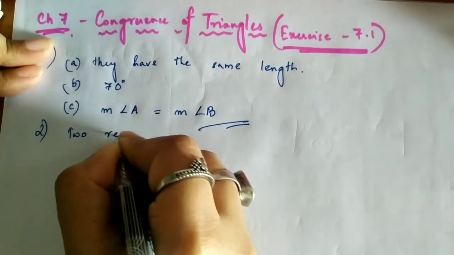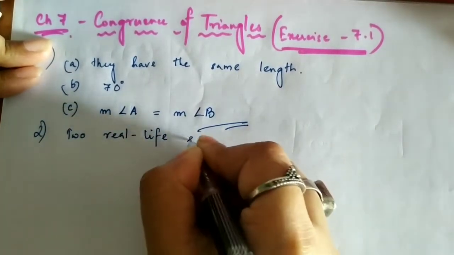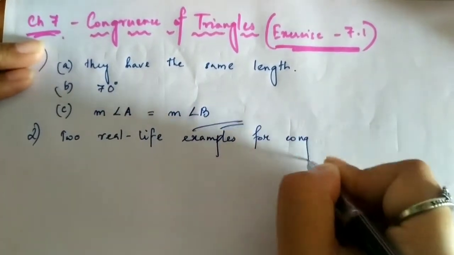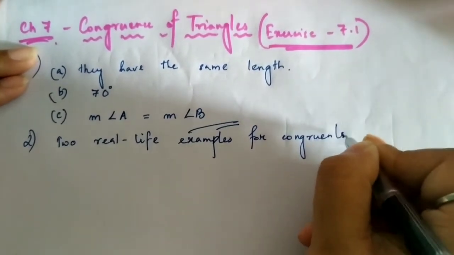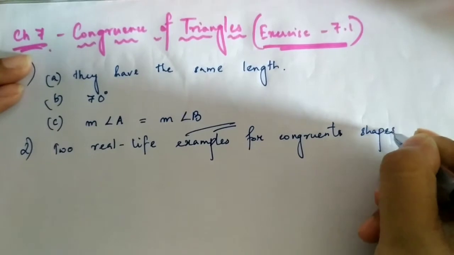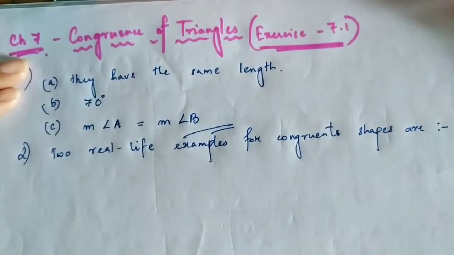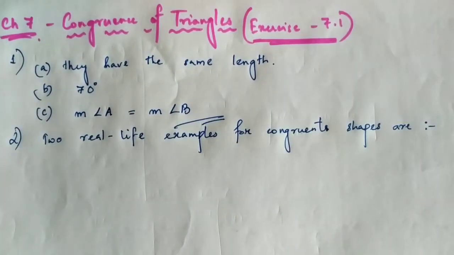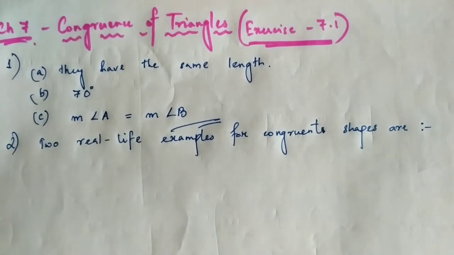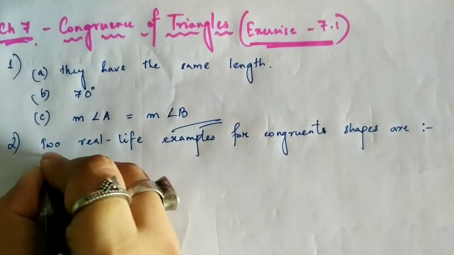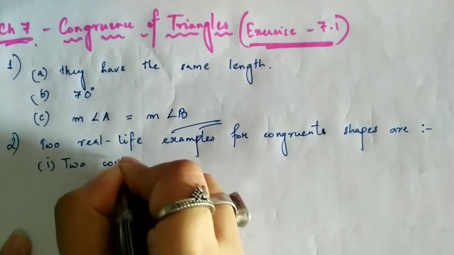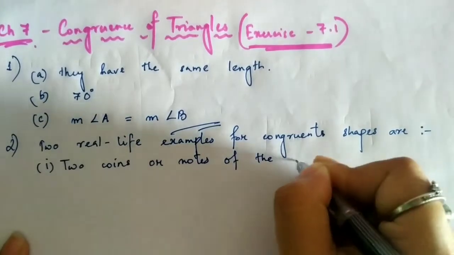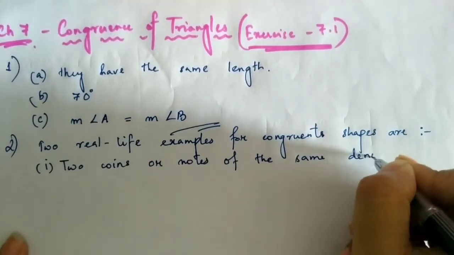So two real life examples for congruent shapes are, I can write the example as, number 1 can be two coins or notes of the same denomination.